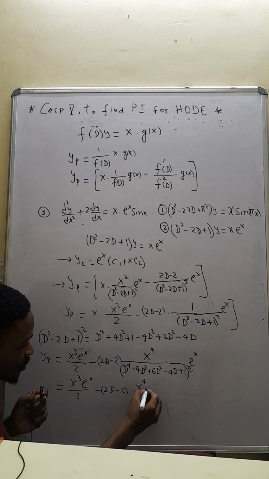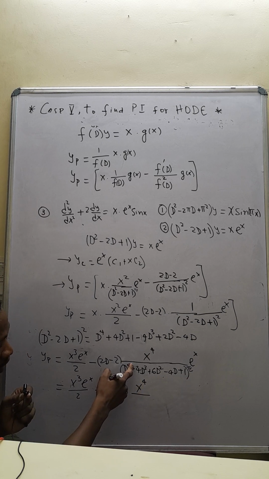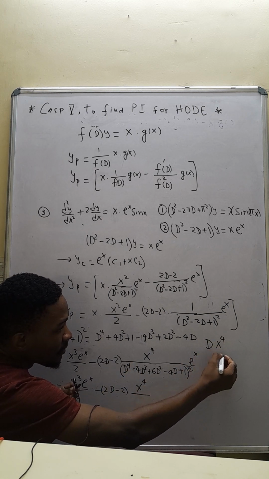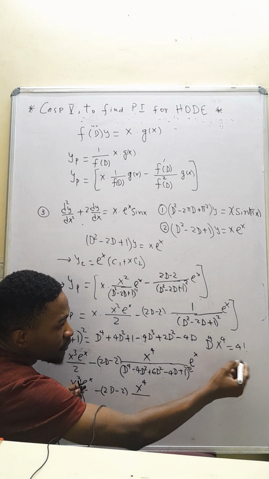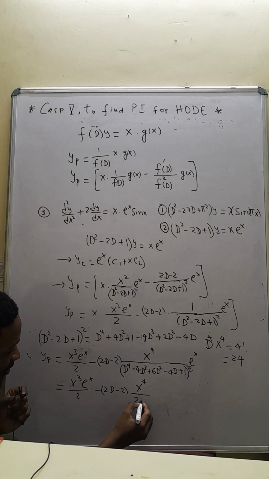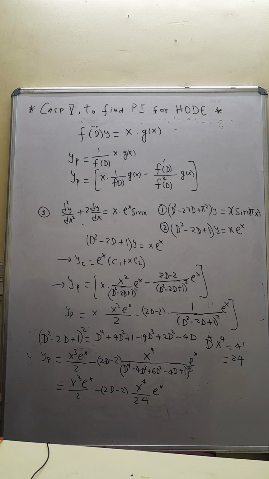This is x raised to 4, and the derivative of this guy 4 times is d of x raised to 4, and this is 4 times. So this will be 4 factorial. 4 factorial is 24. Then put here 24 Euler raised to x, and that's fine.